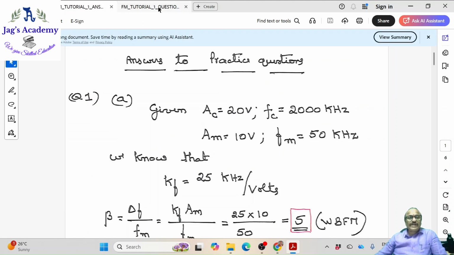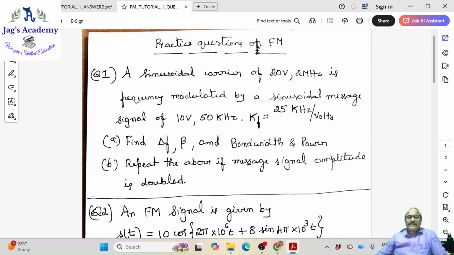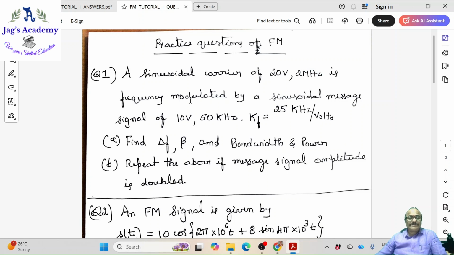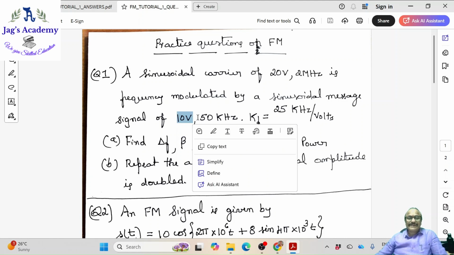First of all, you check what is given. The amplitude of the carrier signal is given, 20 volts. The frequency of the carrier signal, Fc, is given, 2 megahertz. And the amplitude of the message signal, which is also called the modulating signal, is given.